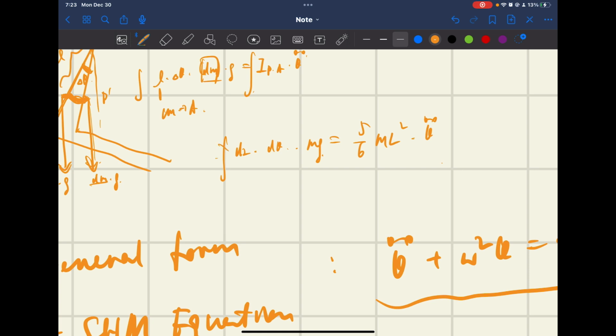Okay, we integrate this because after integrating over d theta, we'll just get an angular displacement of theta minus theta 0. It's just angular displacement, and the right side remains the same, 5/2.